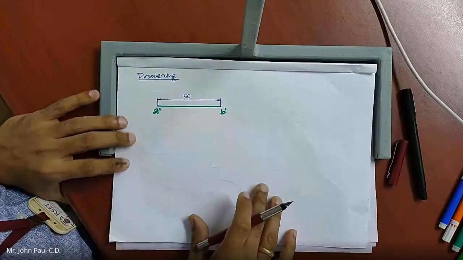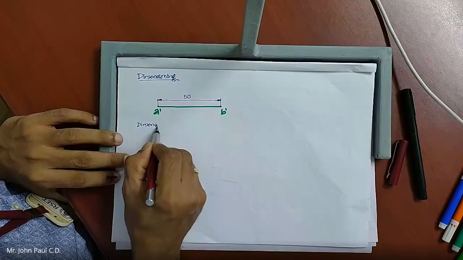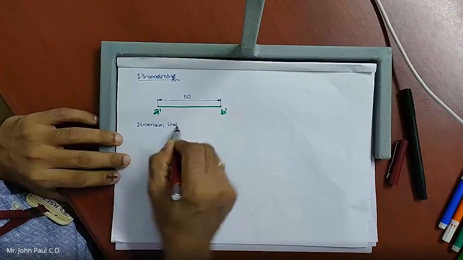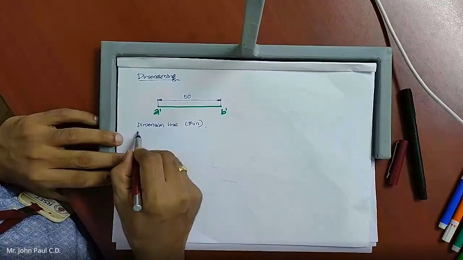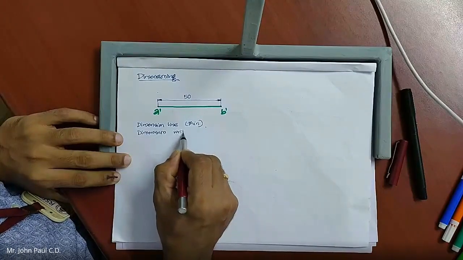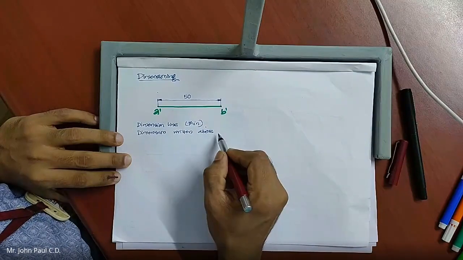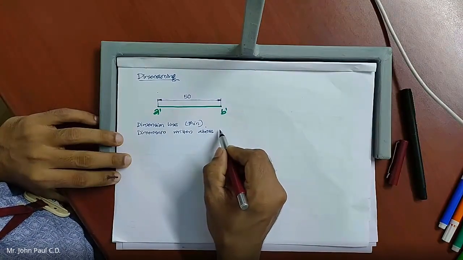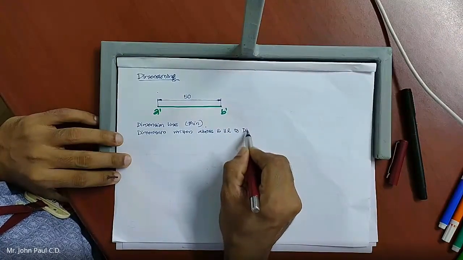You should know that there should be a dimension line which is thin, and the dimension written above and parallel to the dimension line.